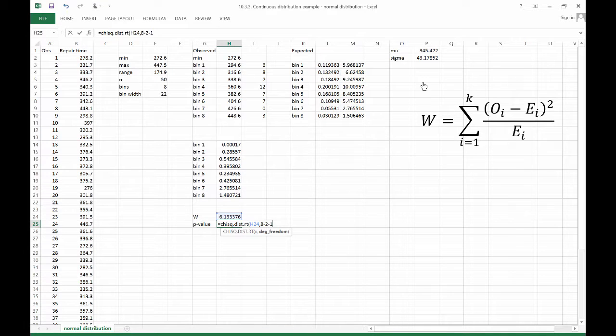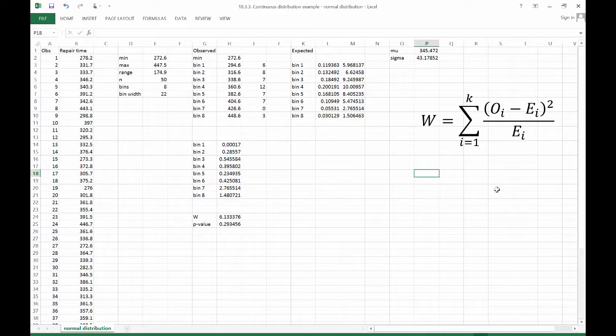That is k minus the number of parameters minus 1. K is 8, number of parameters is 2, mu and sigma, minus 1. And that's our p-value, 0.29. Okay, pretty large p-value. Larger than any alpha we would choose.